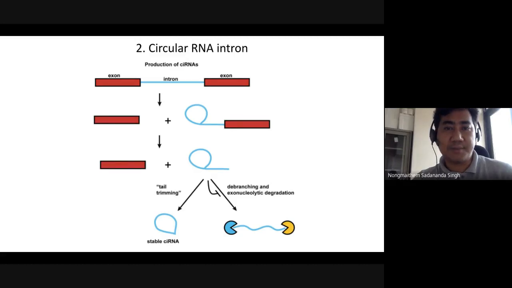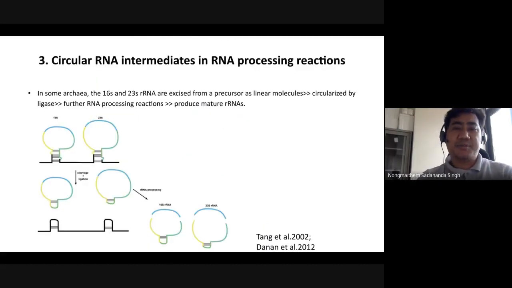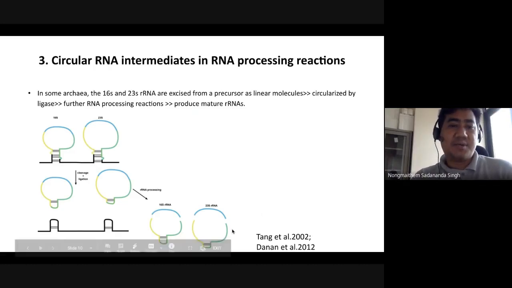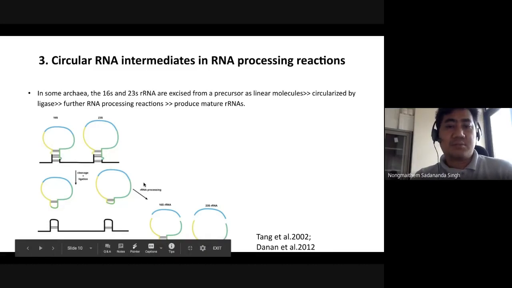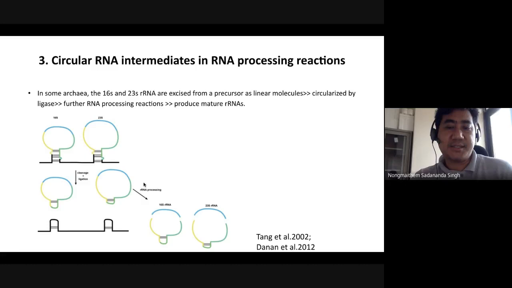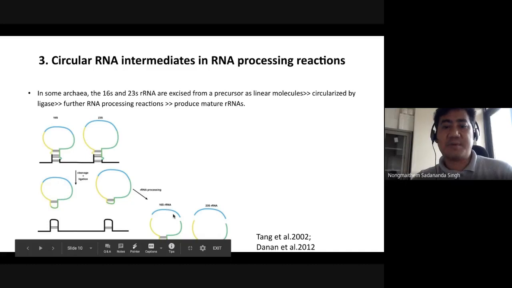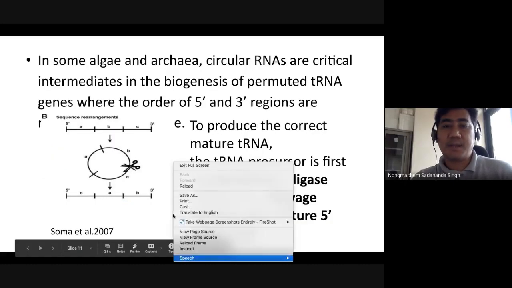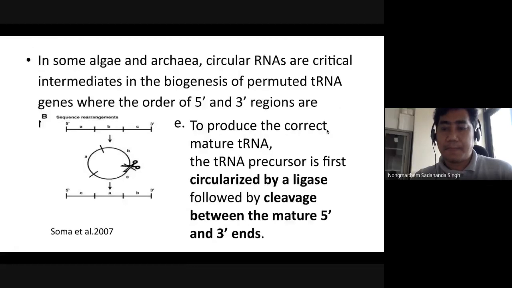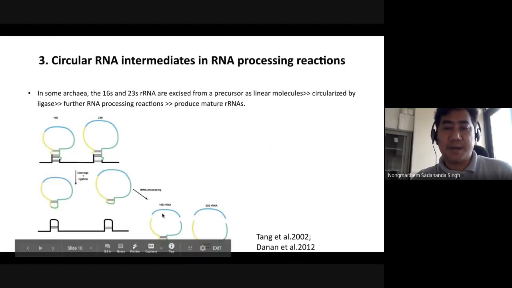And many of these intronic RNAs have some cellular functions as well. And as we were talking about circular RNA intermediates, in some of the archaea, what has been seen is that for synthesizing the ribosomal RNA, it gets a linear transcript, then it circularizes, and further on, it is processed by endonucleases to give rise to the ribosomal RNAs here.